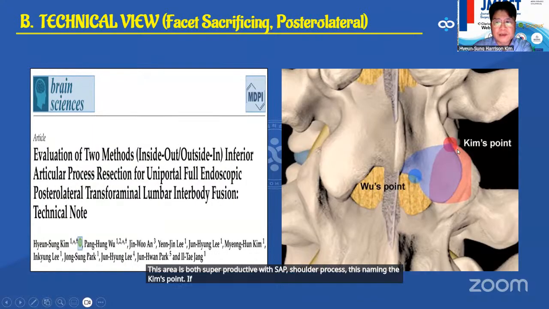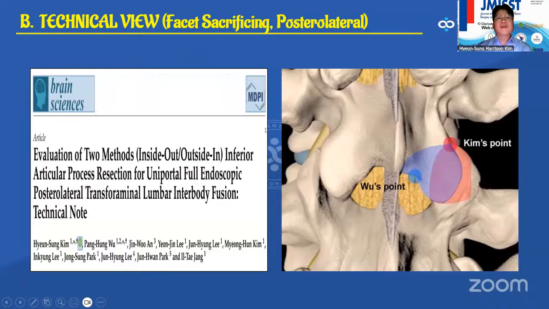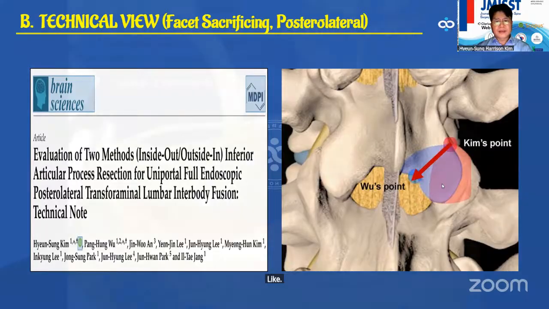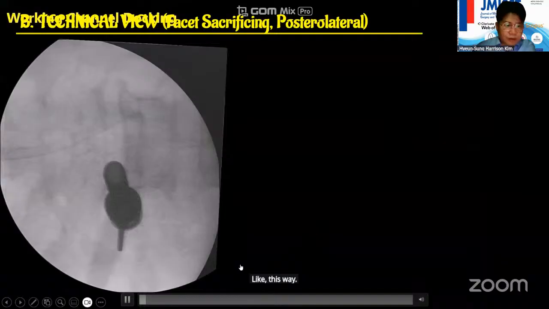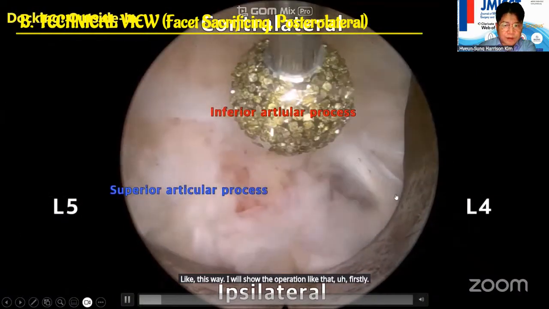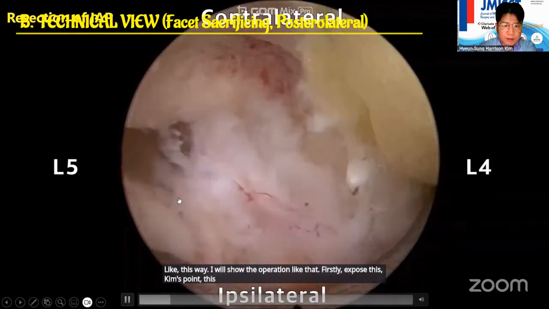If we find this point, we can very easily cut the SAP and IAP for performing the facet sacrificing in the posterolateral approach. I will show the operation like that. Firstly, expose Kim's point, the level above and the level below.